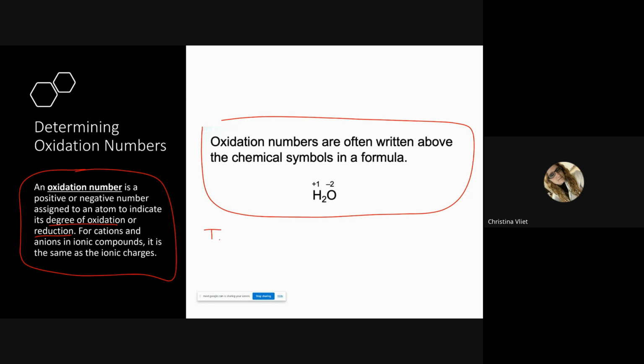So for ionic compounds, and I'm just going to write this on the bottom and you should add what I add, oxidation numbers are the charges.